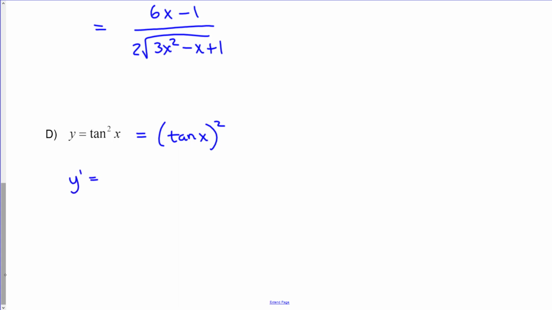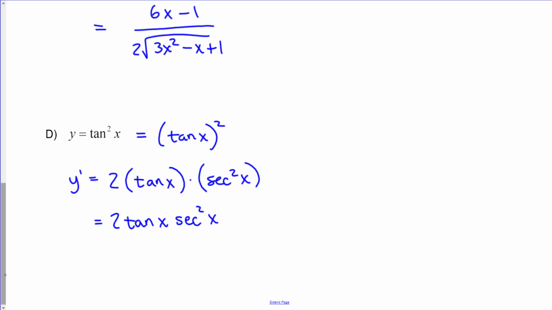So I'll bring the 2 down, multiply by the inner function, subtract 1 from my exponent. So 2 minus 1 is 1. Now multiply that by the derivative of the inner function. So the derivative of tangent is secant squared x. So 2 tangent x secant squared x.